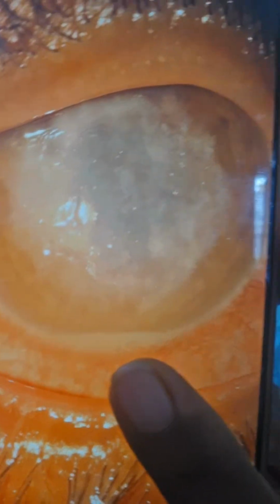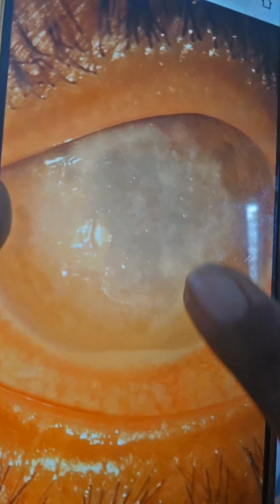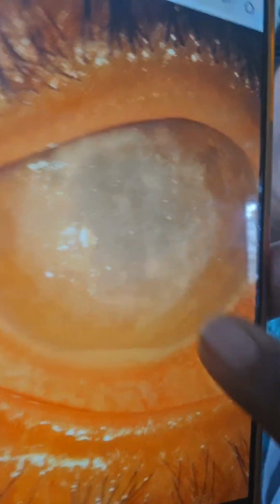You can see a small hypopyon down there. The hypopyon itself doesn't tell you whether it is bacterial or fungal. It's very dry looking, just like fungal, typical of a fungal, very dry and leathery. But this kind of ring, we are not talking about an immune ring here. This is the actual keratitis itself.